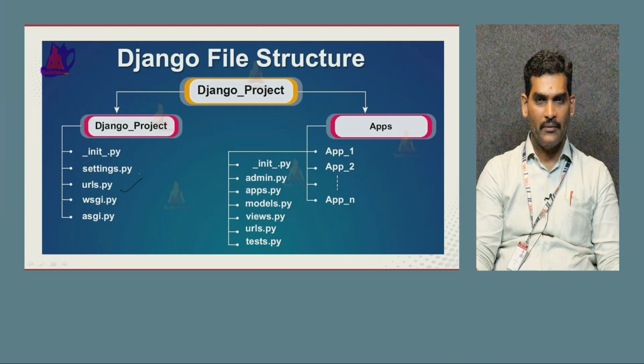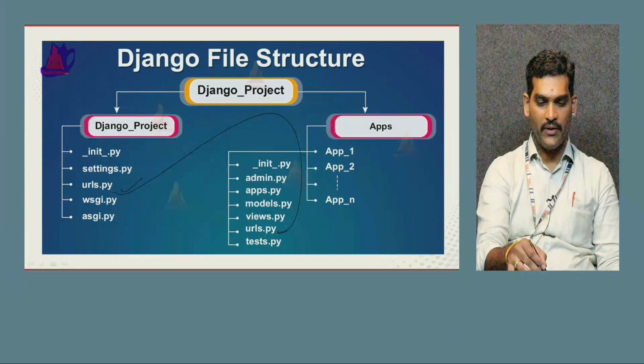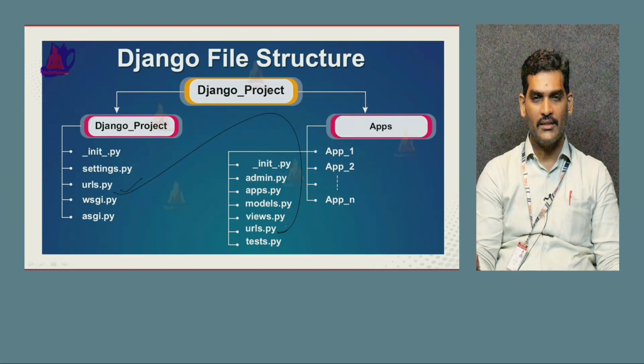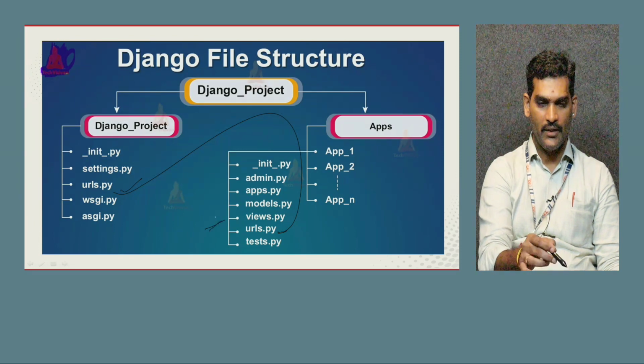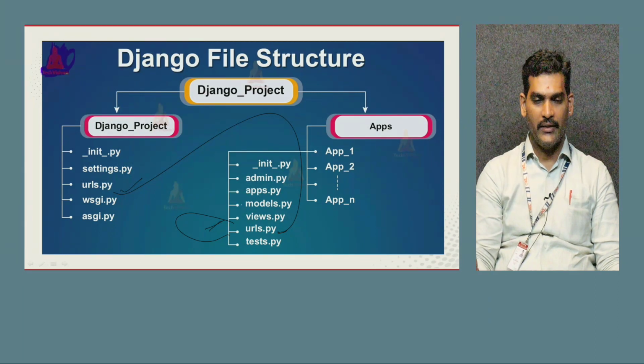Whenever a request comes, it goes to urls.py and is redirected to the particular app-related urls.py. The methods created under views will be used, so urls.py is redirected to views.